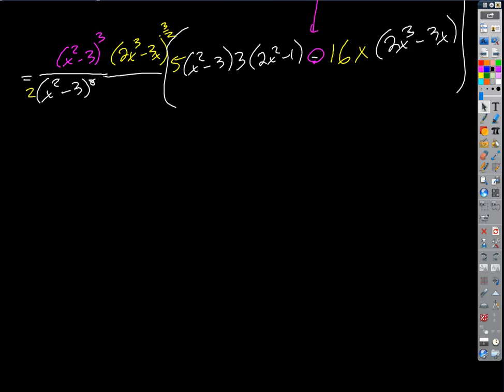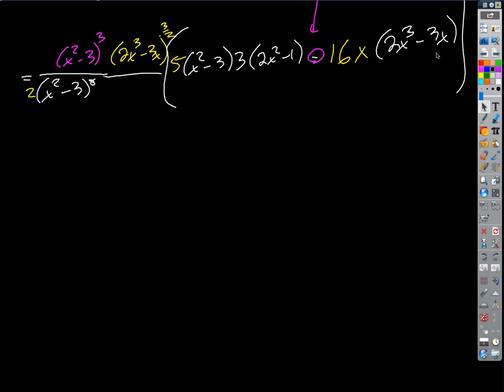All right, so we got this stuff done. How about this in here? What can I do here? Take out an x from the 2x cubed minus 3x, and you'd be left with 2x squared minus 3. But it's not going to match any of these, is it?